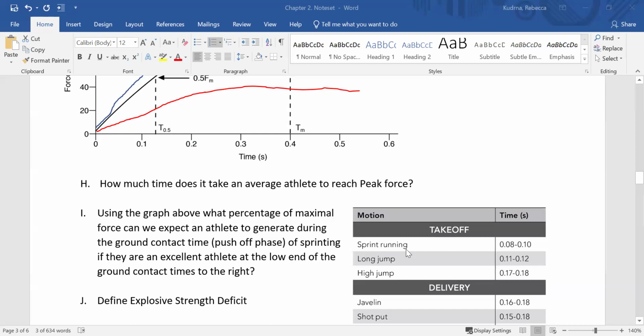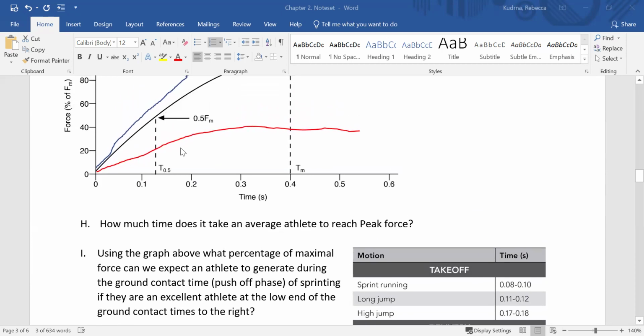You see, when you're sprinting, your foot is only on the ground for a very, very short amount of time, 0.08 seconds to 0.12 seconds. And the better the sprinter you are, the less time your foot's on the ground. The better the sprinter you are, the more time you are not touching the ground. So when you are touching the ground, you need to generate as much force as possible in a very short amount of time.